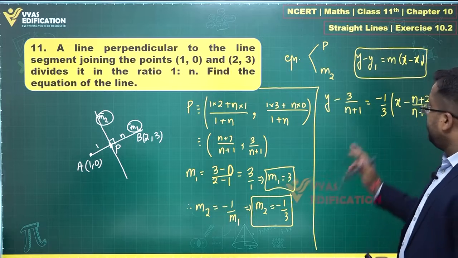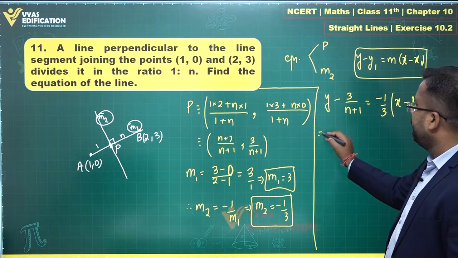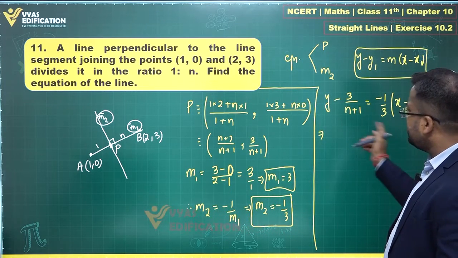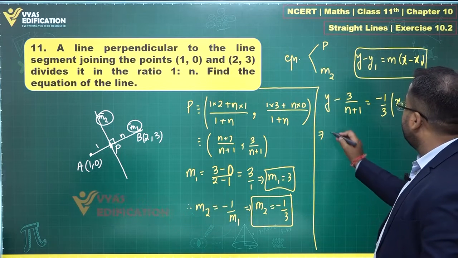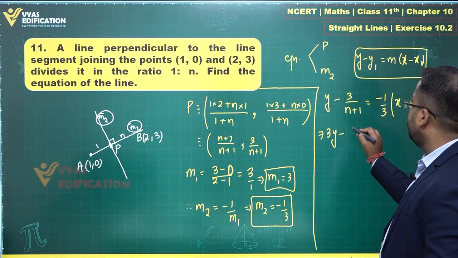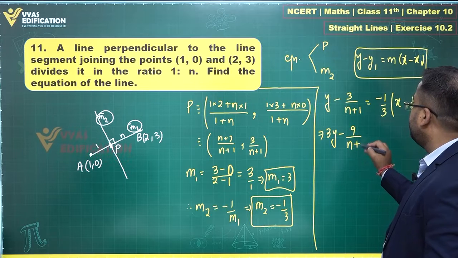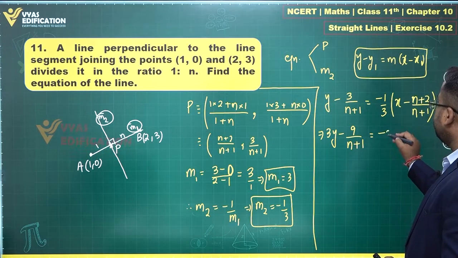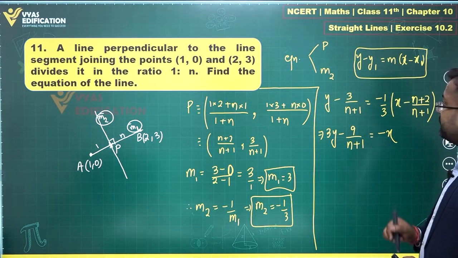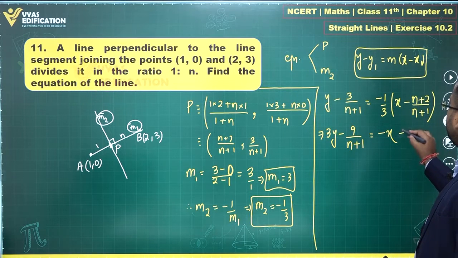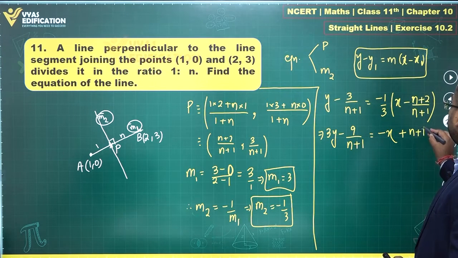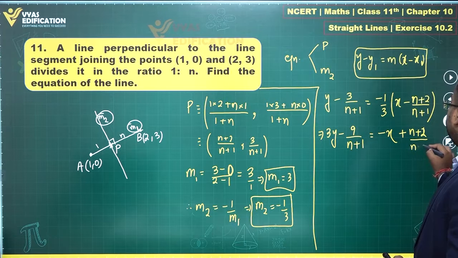Let's not be confused between n and x. Let's multiply by 3. This becomes 3y minus 9 upon (n plus 1) is equal to minus x, and minus becomes plus, (n plus 2) upon (n plus 1).